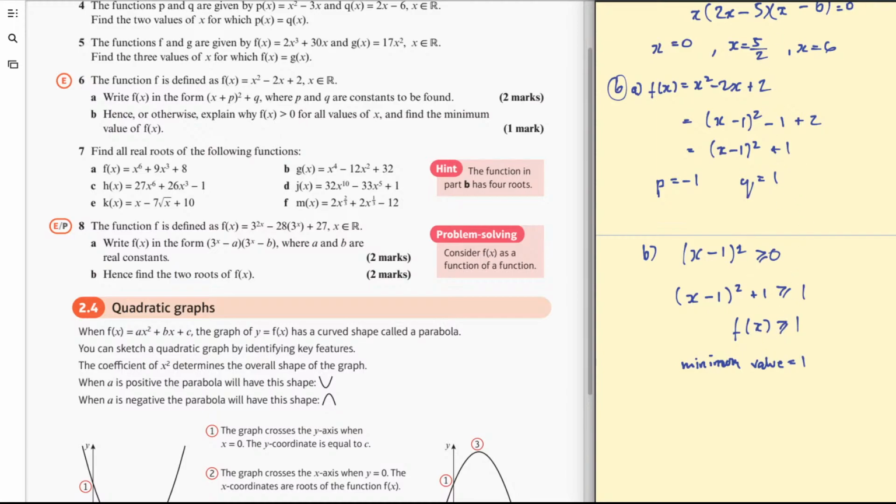Yeah, okay. That's weird. So what I was going to say is if x equals 1, this is equal to 0, but that's fine, isn't it?